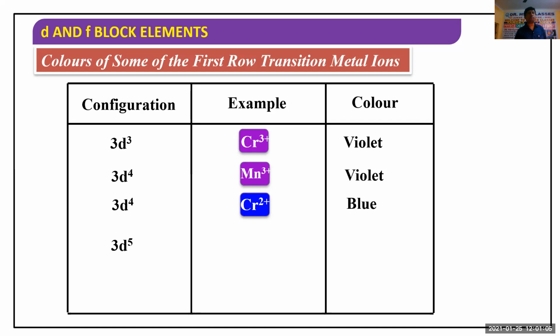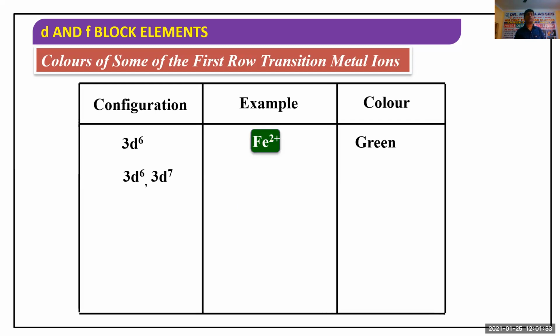For chromium 3 plus, that means d3, it is violet. d4, manganese is violet, and for chromium it is blue. Manganese 2 plus is pink, and of course manganese 7 plus, for the charge transfer complex, is also pink.